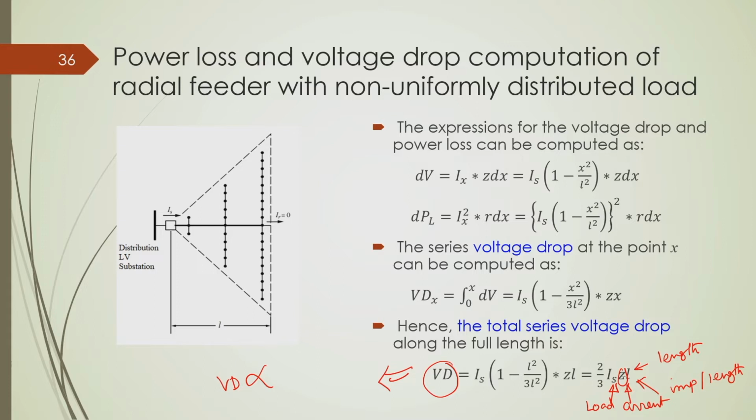So, if you ignore 2/3 and z, this voltage drop is typically a function of the load, represented by load current as I mentioned at the very beginning, and the length of the feeder.